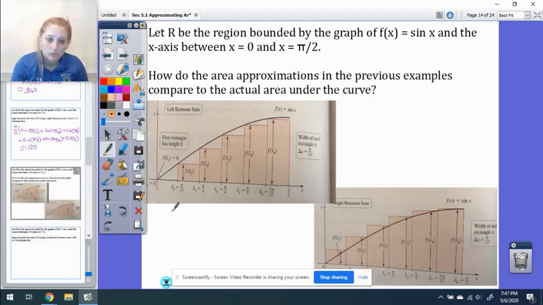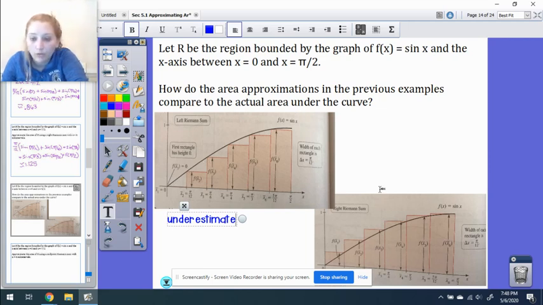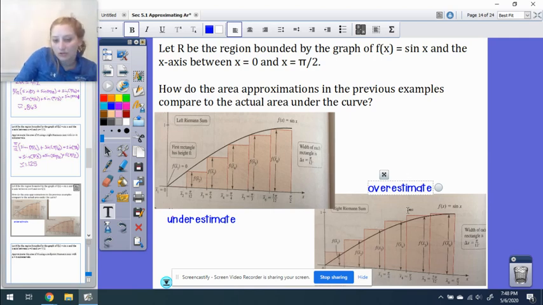Okay. It's not working again. Okay, so this is going to underestimate. All right, and you can tell that because there's these white blanks here. Now this is going to overestimate. Okay, because there's extra above here.